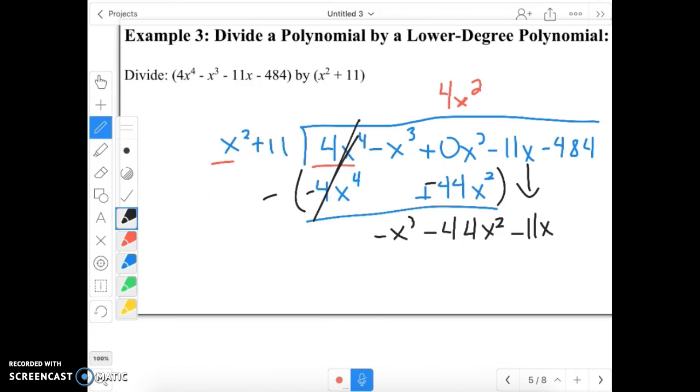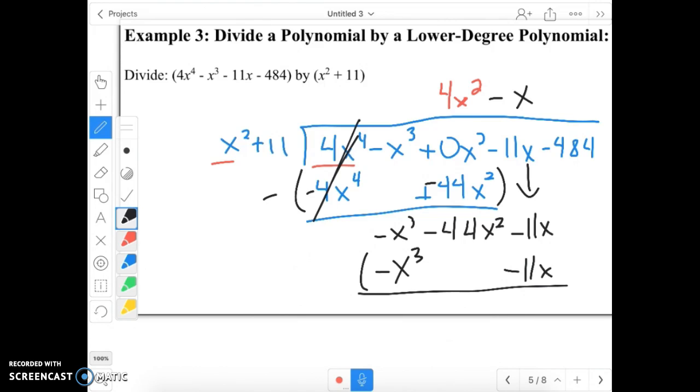So going from x squared to negative x cubed, we're missing a negative x. So I'm going to multiply both of those by that. So then we do negative x cubed and keep everything in line. So negative x times 11, so we get negative 11x.